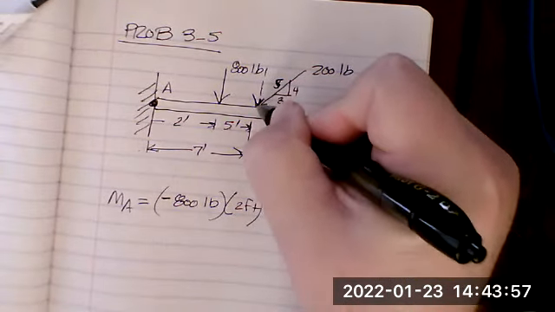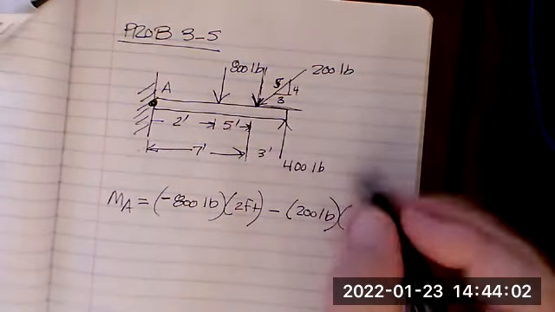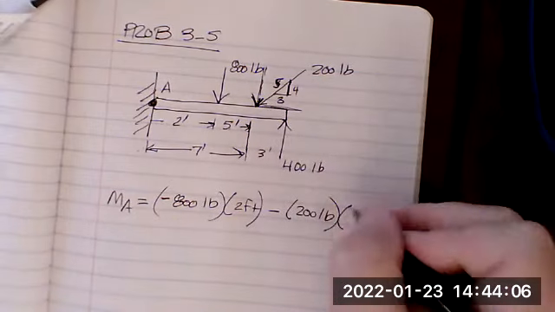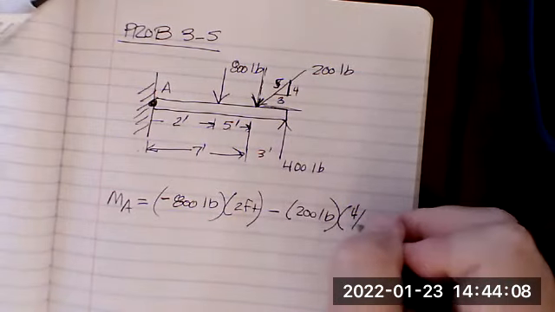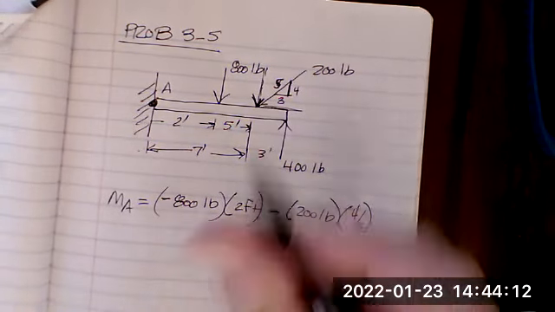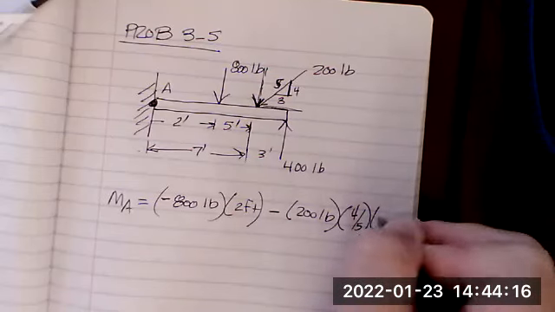That's this one. What is that force there? So it's going to be 200 pounds. What is the leg of the triangle that's parallel to that force? It's 4 divided by 5. You always divide by the hypotenuse times this moment arm of 7 feet.